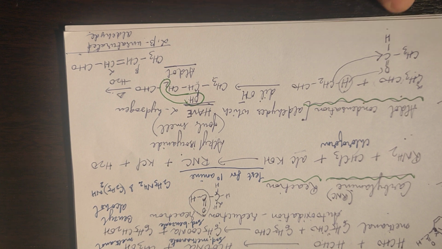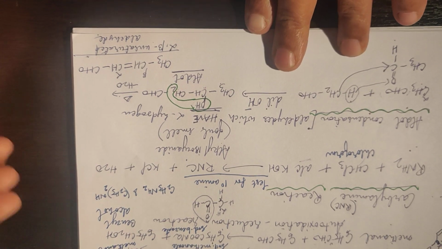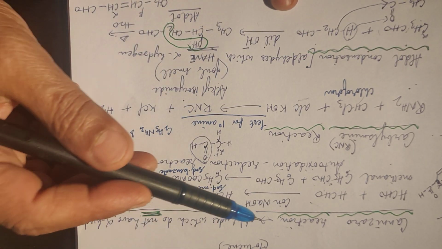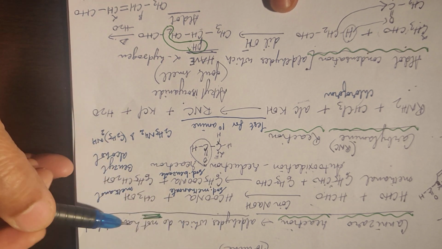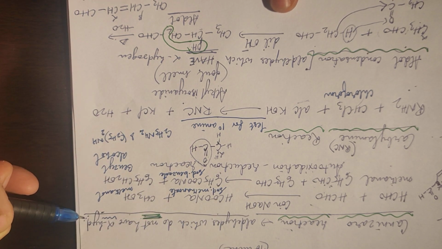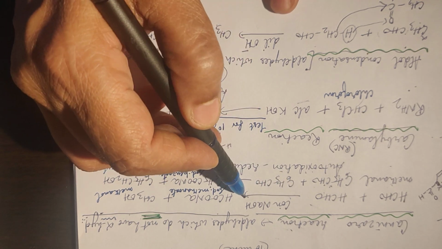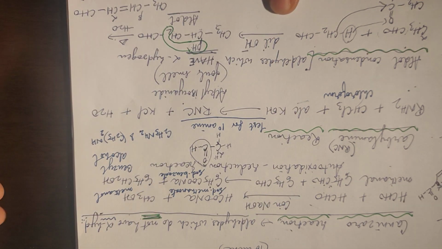Then the last one is aldol condensation. Now what is the difference between Cannizzaro reaction and aldol condensation? In Cannizzaro, aldehydes which do not have alpha hydrogen are used and concentrated NaOH is needed. In this presence only the reaction takes place.